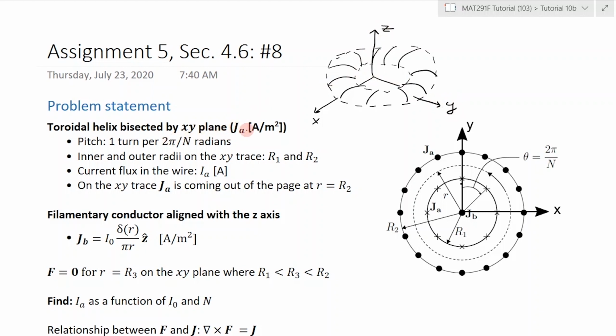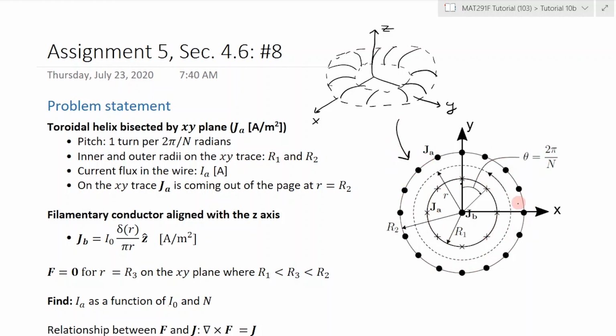The current density associated with this toroidal helix is JA. It's measured in amps per meter squared. The pitch of the toroidal helix is 1 turn per 2 pi divided by n radians. So every this many radians, there is 1 turn. When you draw the xy trace, the one that's shown here, you get inner radius and outer radius.